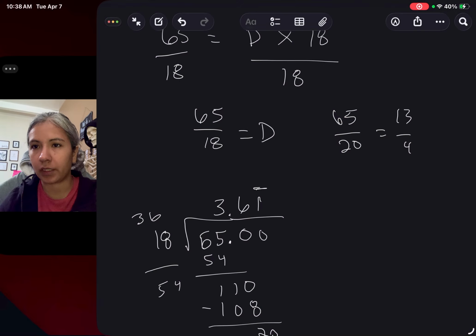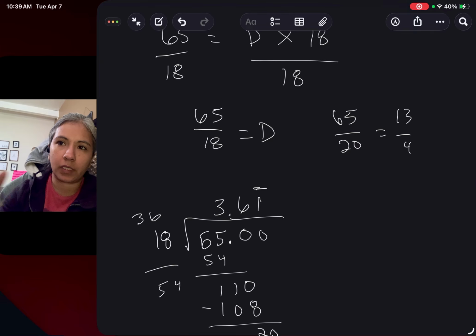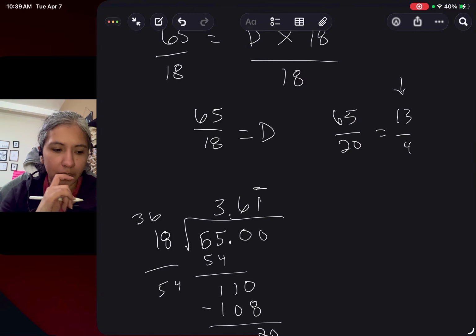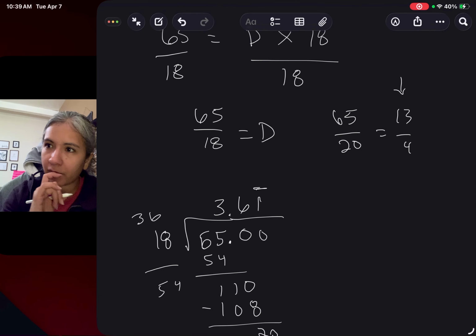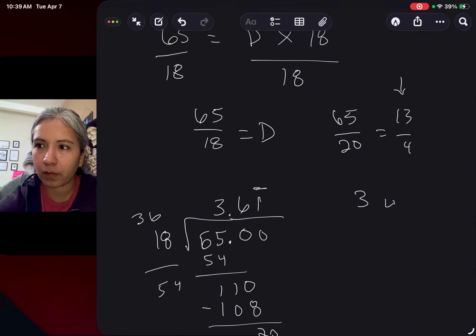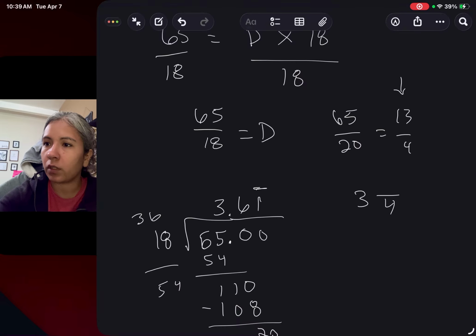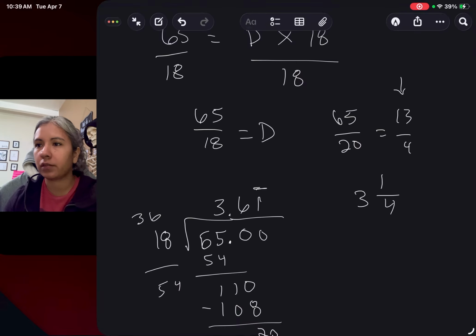This is just if we had that. We don't have that, but I just want to show you, if it asks for the fraction part, we do want to reduce. But if they want it as a mixed number, 4 times 3 would be 12 plus 1 is 13.